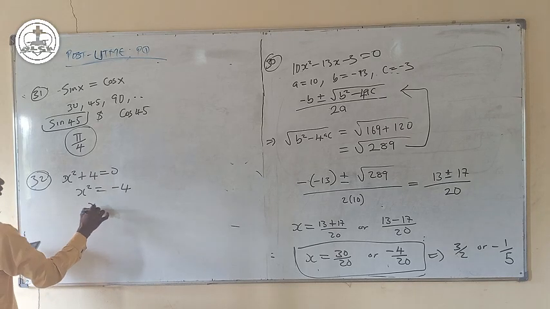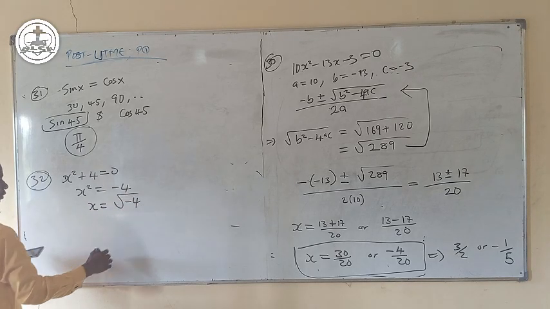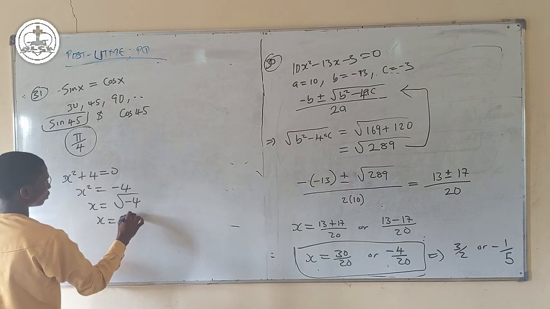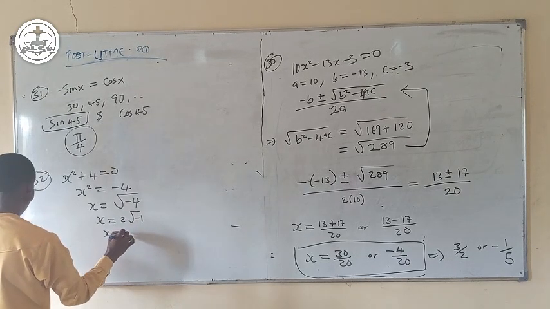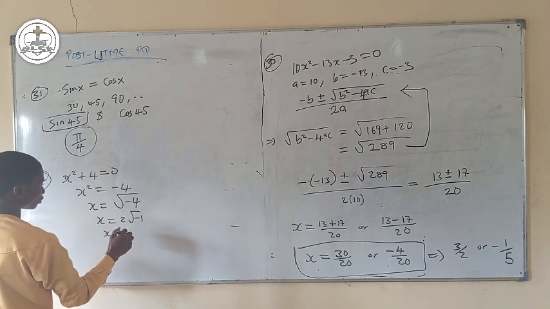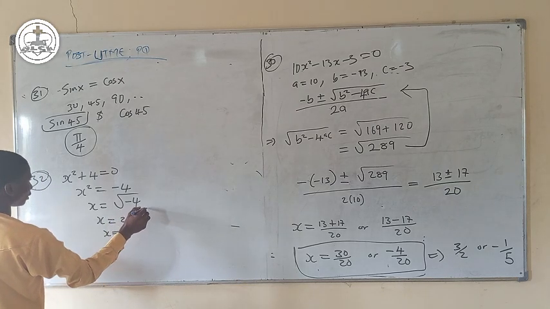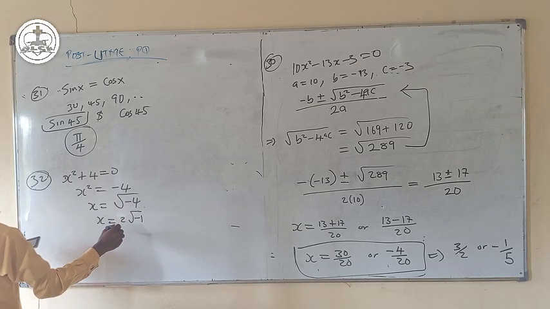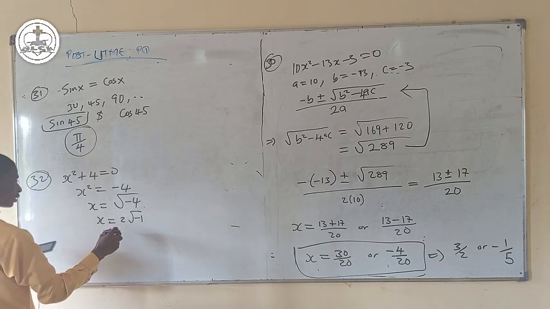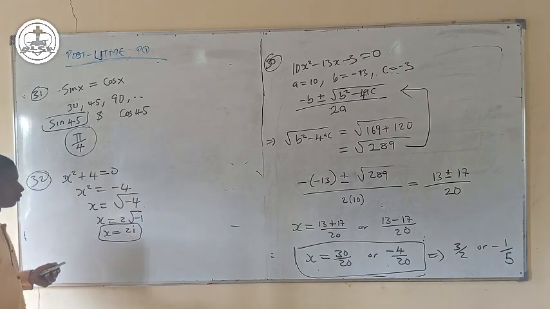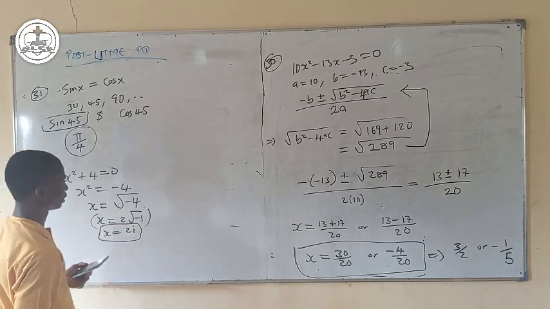So x is the square root of minus 4, which is 2 root minus 1. That's by having a complex form here, so it will be 2i. This will be our answer for x, the root of minus 4.